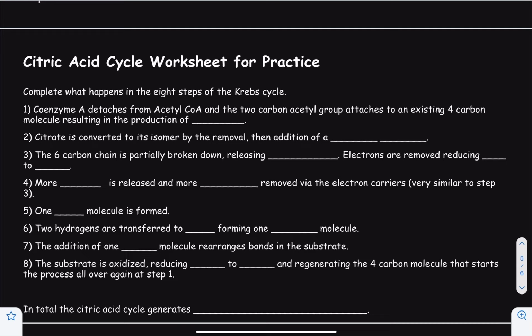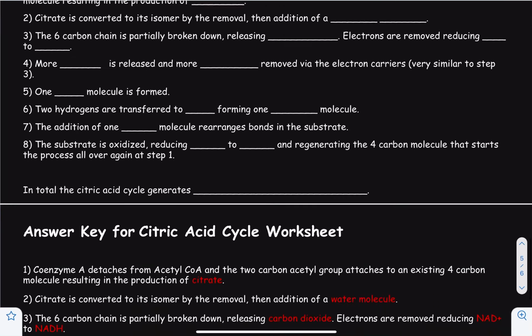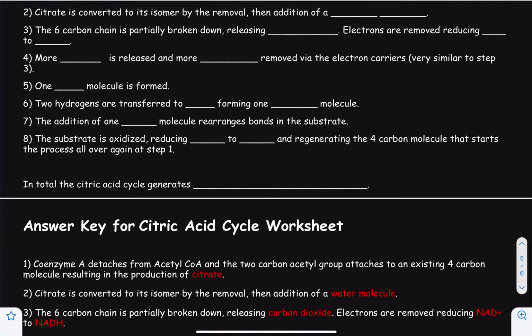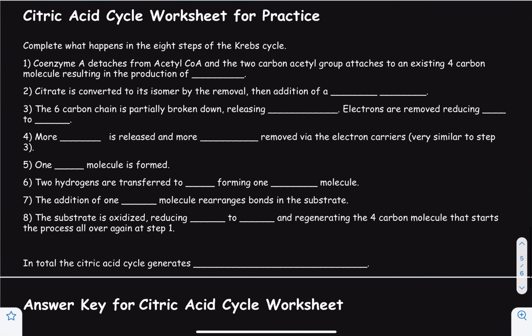In step 6 we have FAD, which is transferred into 1 molecule of FADH2, as you see. The addition of 1 blank molecule rearranges bonds in the substrate. Addition of a water molecule.